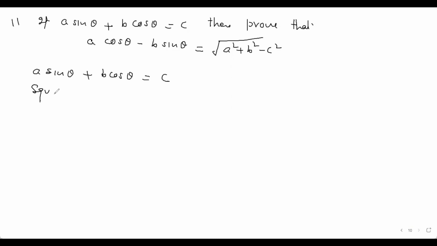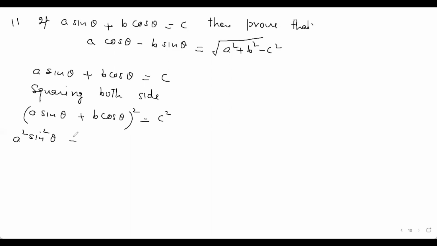Squaring both sides, I'll have (a sine theta plus b cos theta) whole square is equal to c square. Now this is a square sine square theta plus b square cos square theta plus 2ab sine theta cos theta is equal to c square.